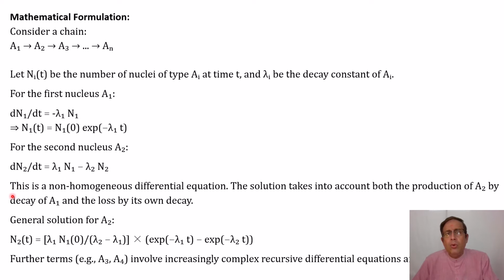So this is a non-homogeneous differential equation. So the solution is not trivial. The solution takes into account both the production of A2 by decay of A1 and the loss of it by its own decay.